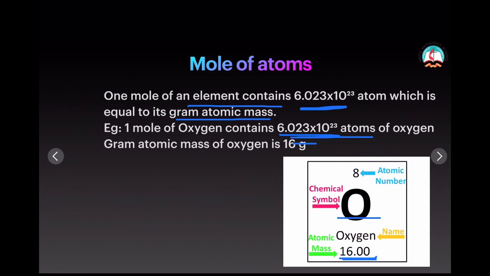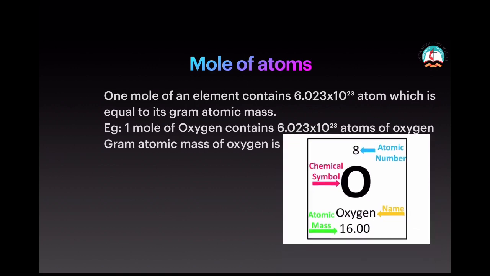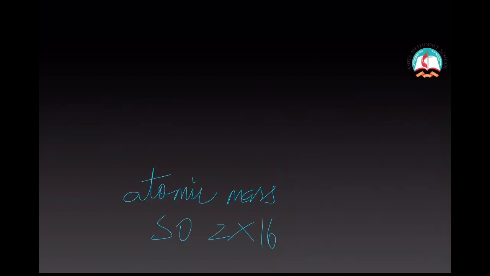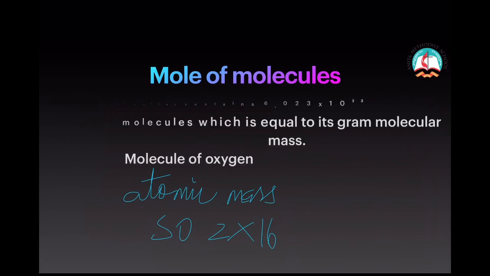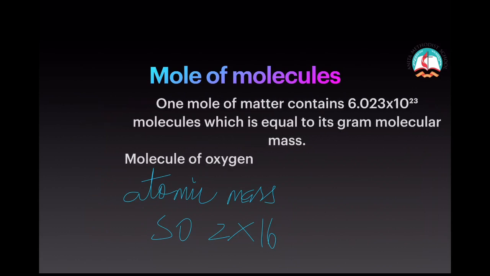Whatever the atom may be, if it is 1 mole, it contains Avogadro number of entities. 1 mole of molecules. 1 mole of any matter contains 6.023 into 10 to the power 23 molecules, which is also equal to its molecular mass.